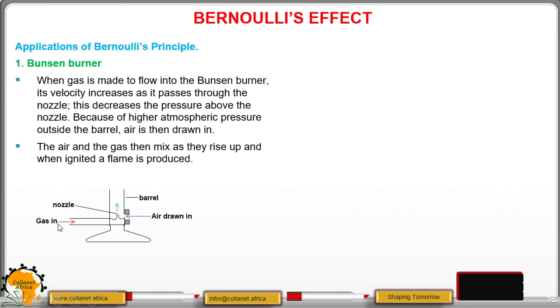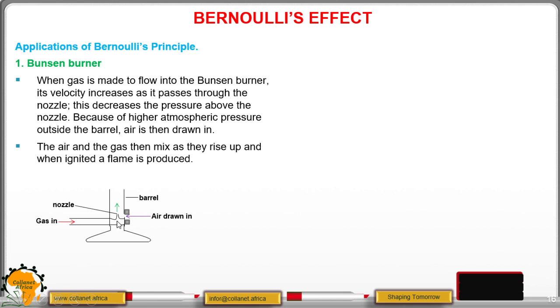So the gas gets in through this point here, and then we have the air hole here, and then we have the nozzle here. One can ask, why is the gas not getting out of this hole toward this side? It only goes up.